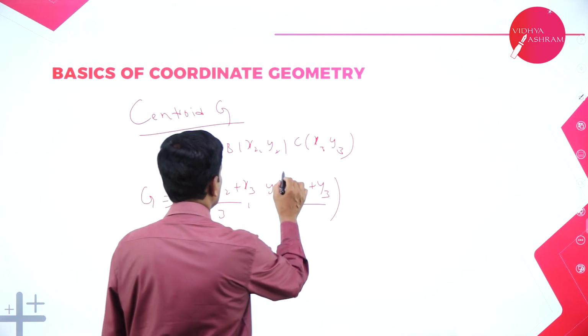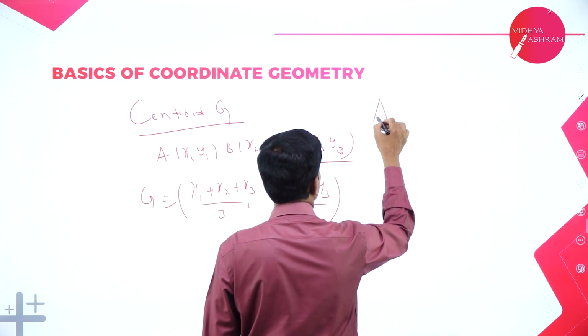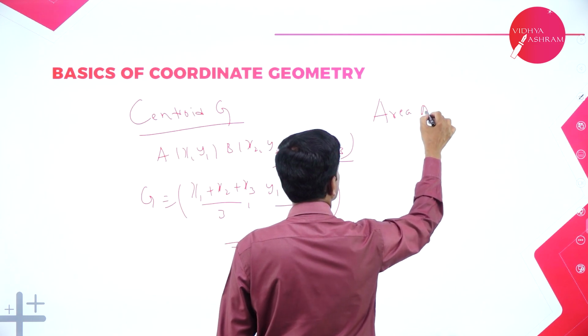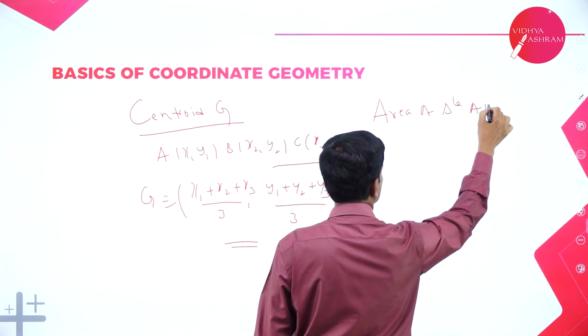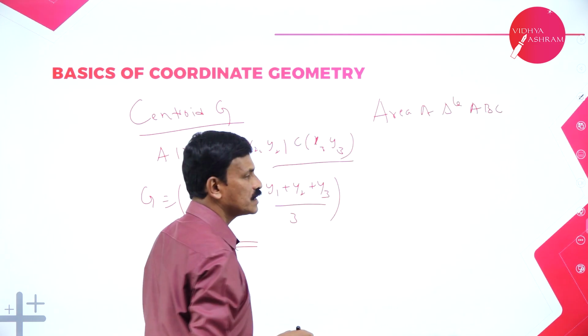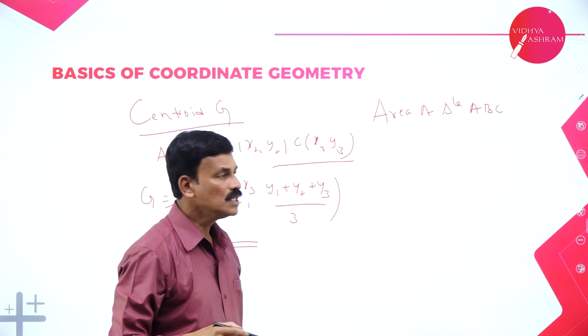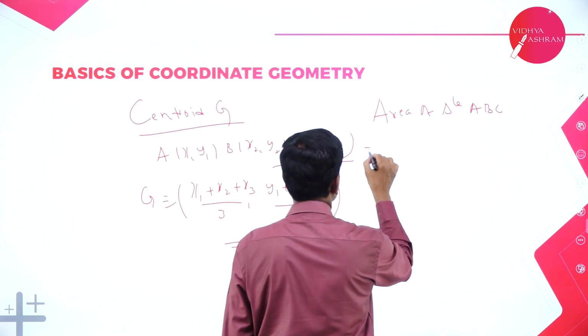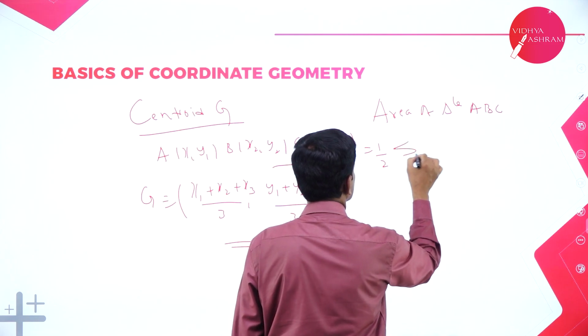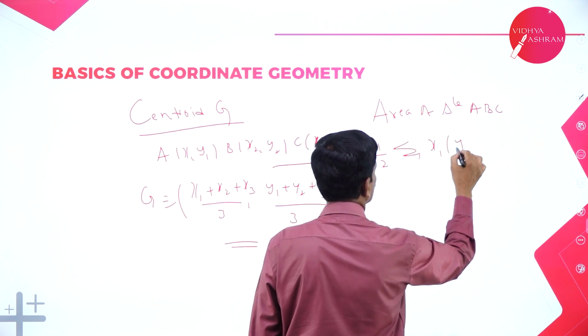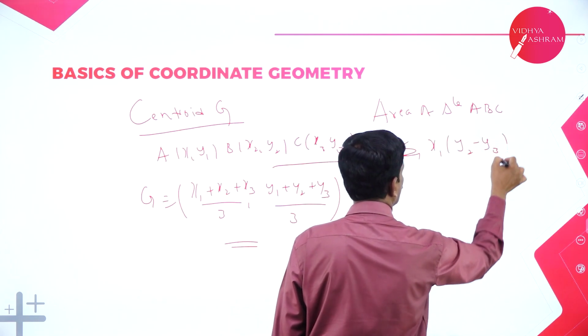Suppose you want to find the area of a triangle ABC formed by these three points A(x1, y1), B(x2, y2), C(x3, y3). The area is equal to half into sigma x1(y2 - y3).